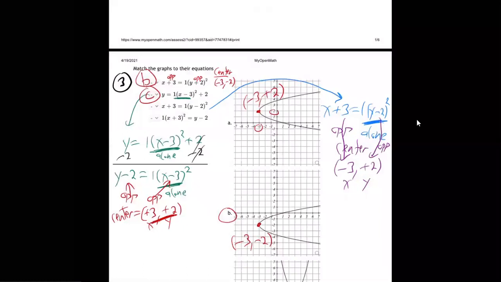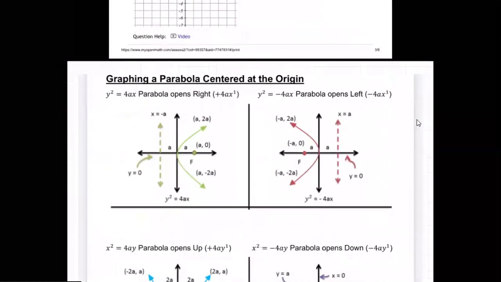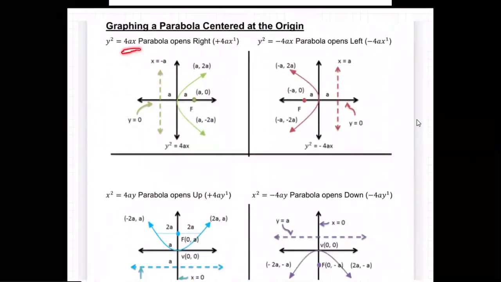Anyway, getting back to the problem here. So -3 plus 2, which one is this? Well, remember the direction thing. What tells us the direction the branches go? Up, down, right, left. If you look at the notes, it's all about the first power letter, isn't it? Because again, parabolas always have one side that's second power, one side that's first power.